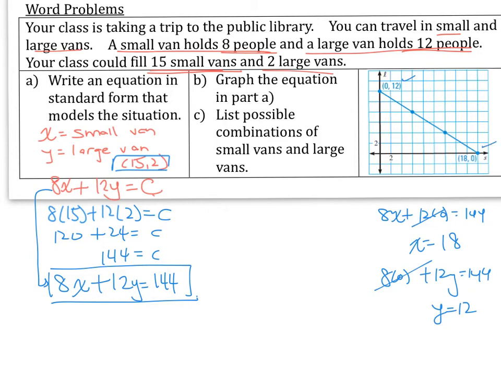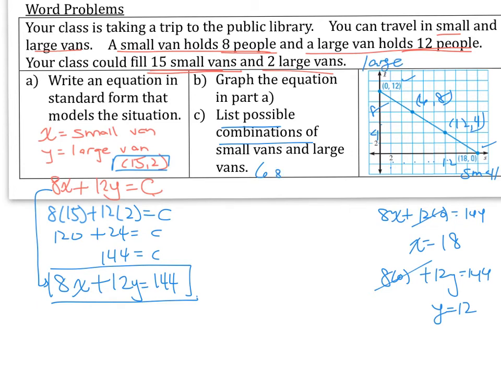Okay. Part C, list possible combinations of small vans and large vans. So I'm just going to pick two random points here. Let the x-axis be small vans and the y-axis be large vans.